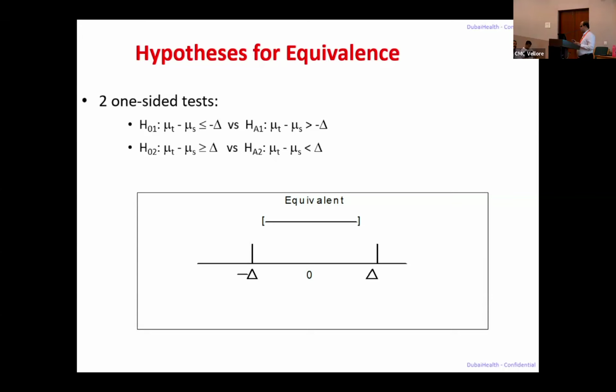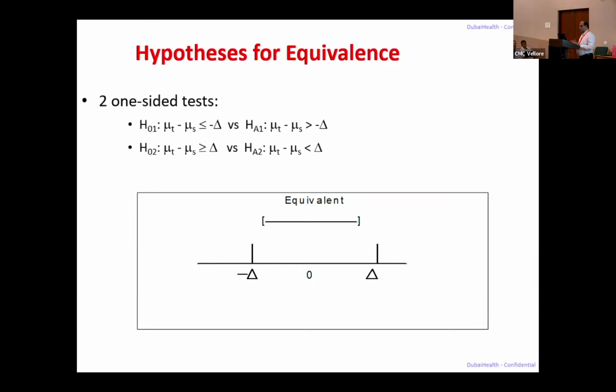Is that simple? When you take it as a difference, whether the difference is less than the delta, that means the negative sign comes to this side, or it exceeded this side, it comes here. That is the alternative hypothesis.